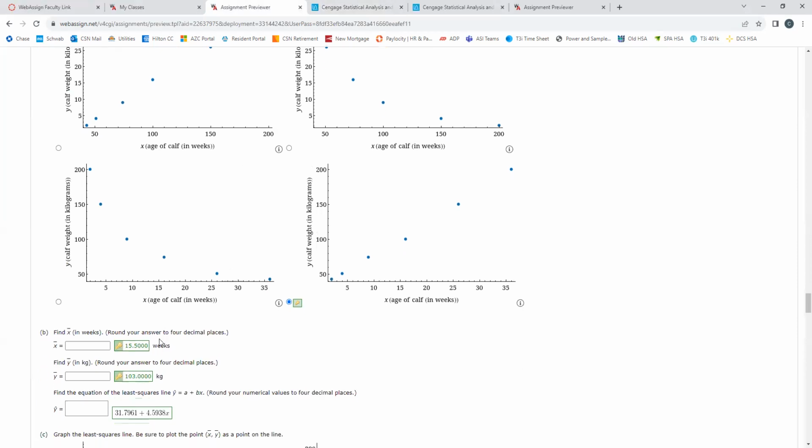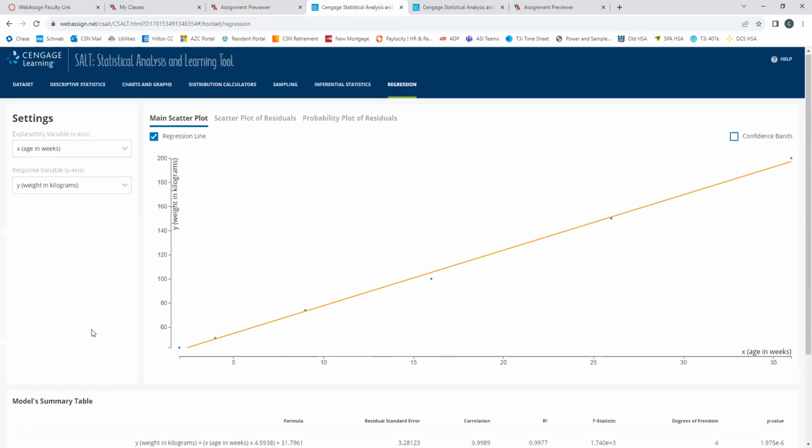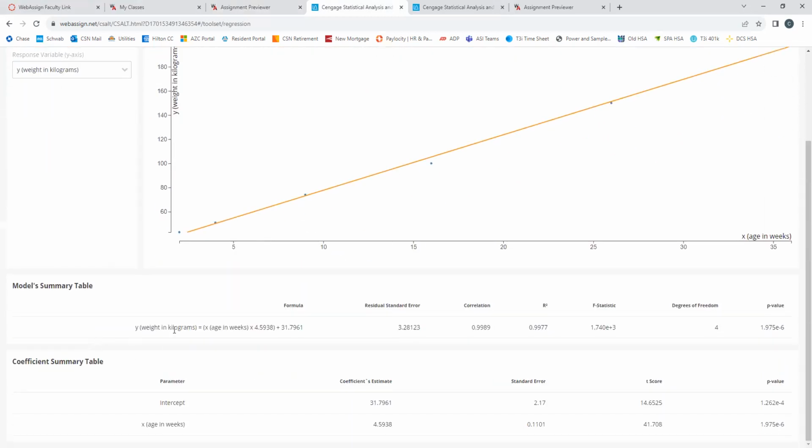So now I want to try and find things like X bar, Y hat, and see what we got. As we come down here, we'll see whether it has any of these values in it. Well, I don't see X bar, I don't see Y bar, but I do see my equation here. I've got my slope and my intercept.